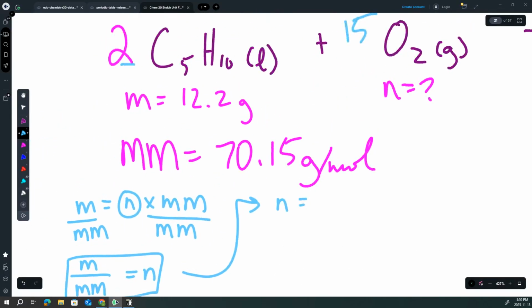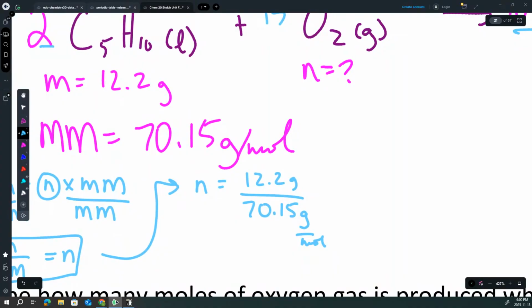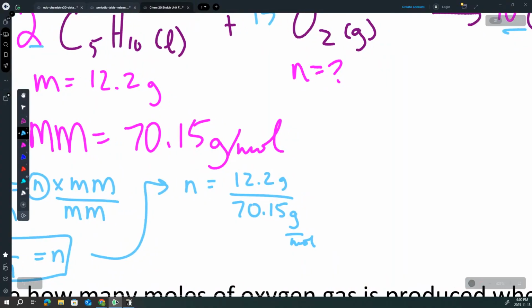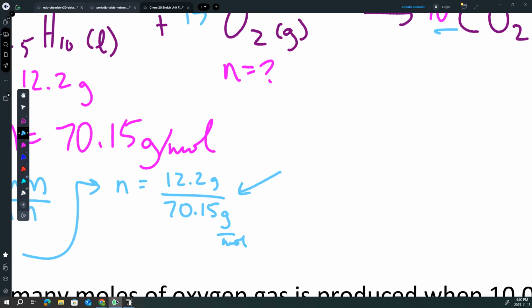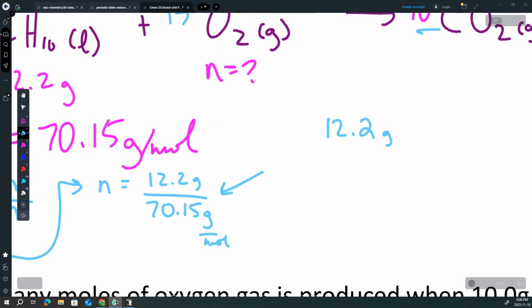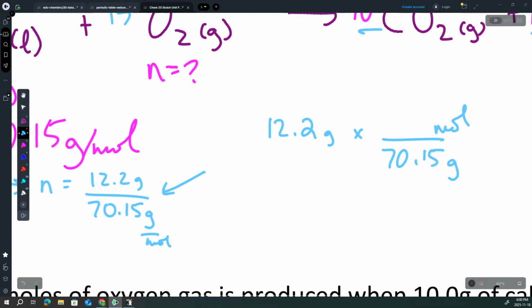All right, so mass of cyclopentane, that was 12.2 grams, divided by 70.15 grams per mole. Okay, so if you're wondering how the units cancel out, it's a little bit easier to look at this same thing written slightly differently. If I take 12.2 grams and write it like division like this, grams and then moles would go up here.